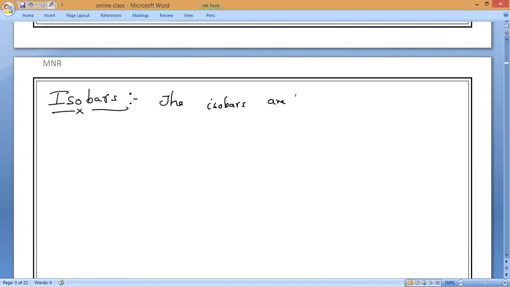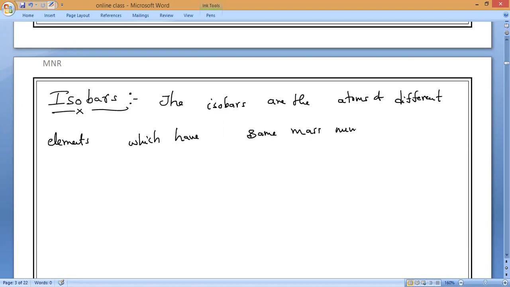The isobars are the atoms of different elements which have the same mass number. What is the symbol of mass number? A. Same mass number, but what is different?